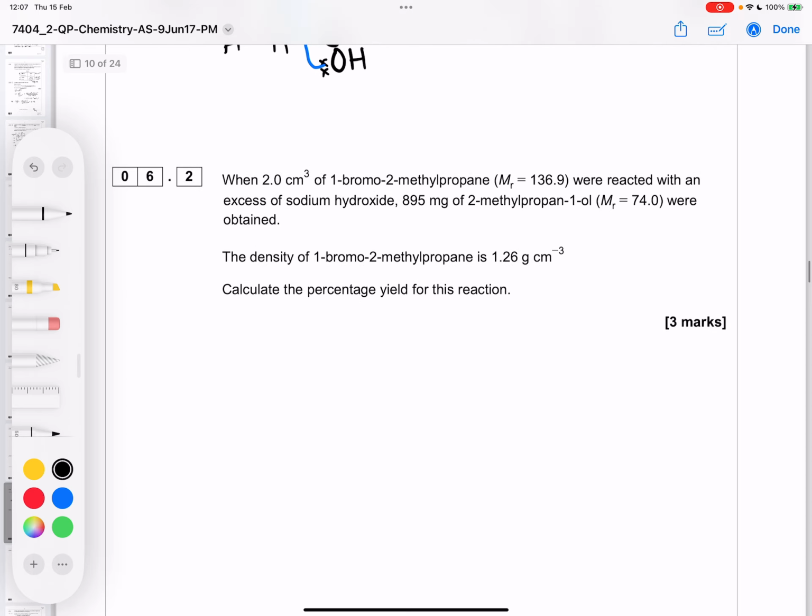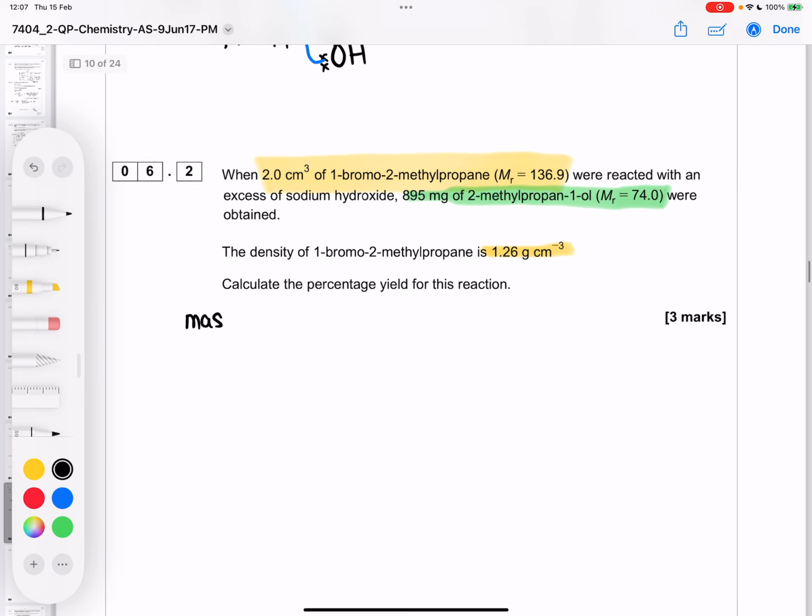When 2 centimetres cubed of the 1-bromo-2-methylpropane are reacted, we get 895 milligrams of the propan-1-ol, the alcohol, and we've got the density here of the halogenoalkane. Now, percentage yield, we need to calculate moles. So the first thing we need to do is find the mass of the 1-bromo-2-methylpropane.